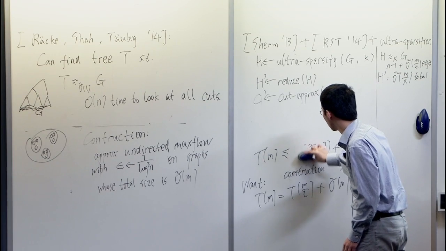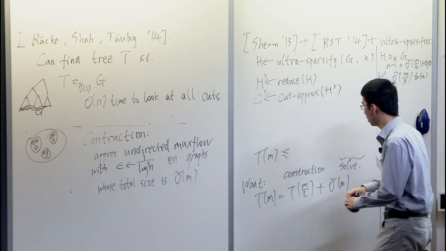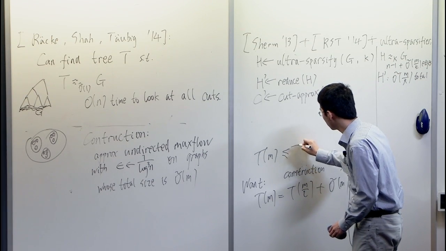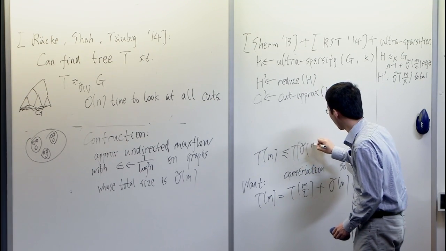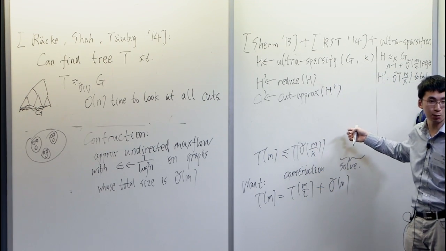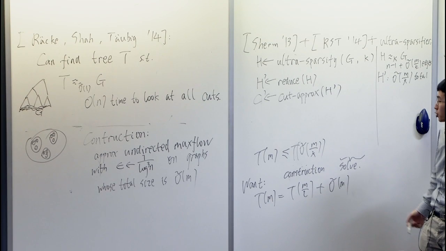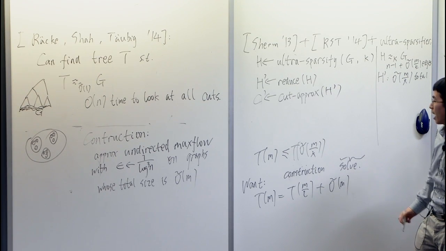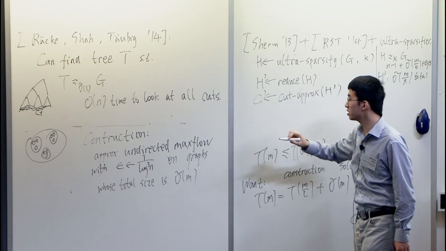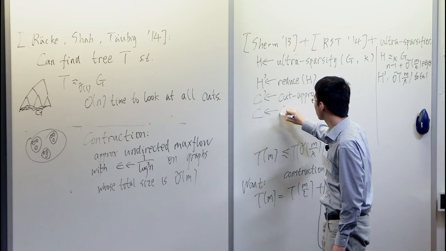So my construction cost becomes T of Õ(m/κ), because the size of my H prime is smaller by a polylog factor. And then I can just bring this C tilde back into C using the convert routine.